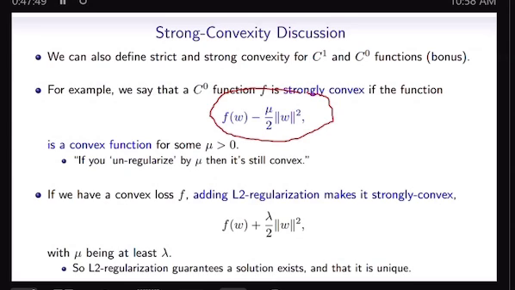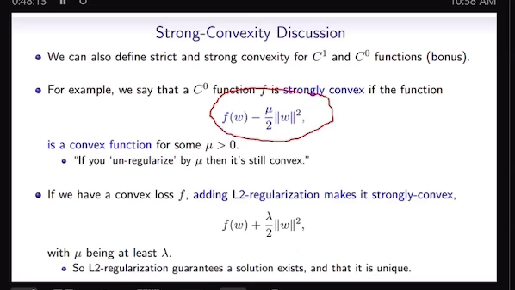Then I'm going to impose a constraint. That very constraint is mu over 2 norm squared, the square norm. That is the constraint that we introduce. So if this is convex, then it's going to be strongly convex. The essence of strongly convex, we don't want it flat.